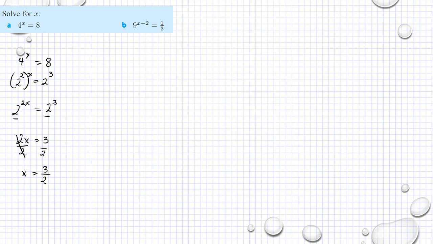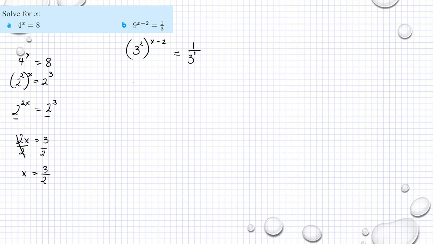But it is better to express it as a fraction. You can check if it's correct. I will check it later. For b, we have 9 raised to x minus 2 is equal to 1/3. 9 is the same as 3 raised to 2, and 1/3 is the same as 1 divided by 3 raised to 1.